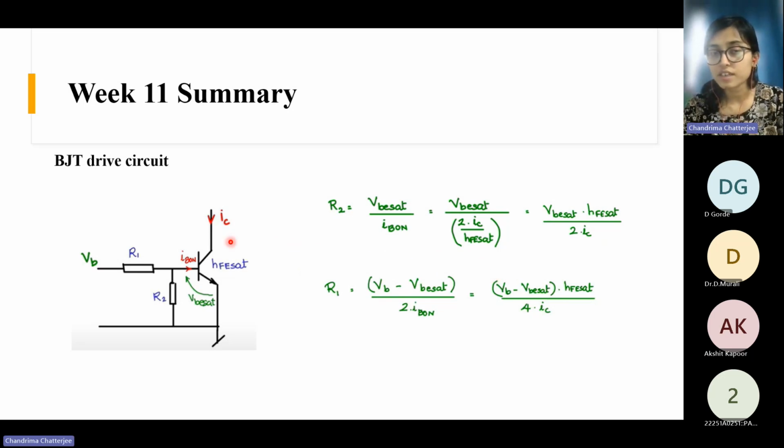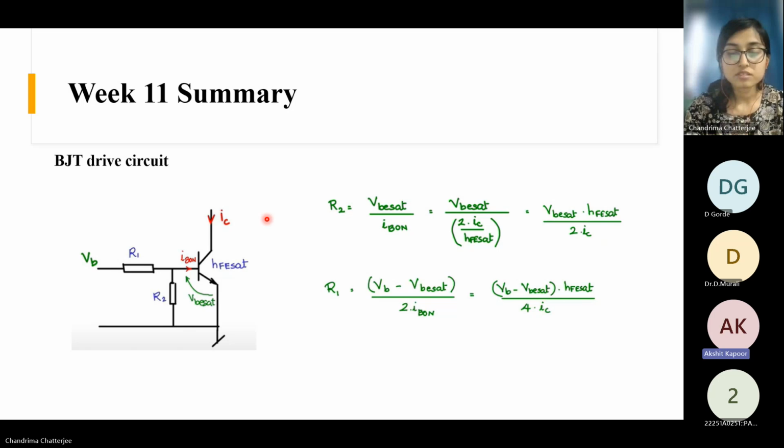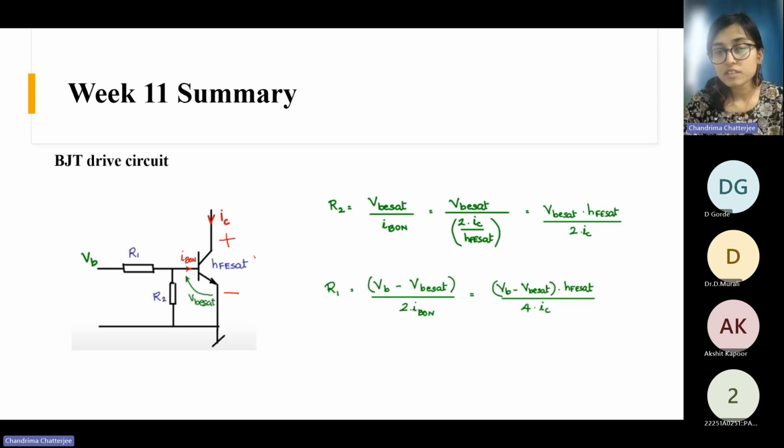There is VCE sat. For a BJT, we define a parameter VCE, which is the voltage drop across the BJT.